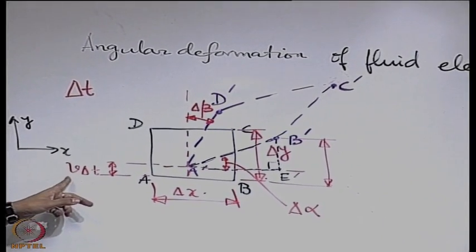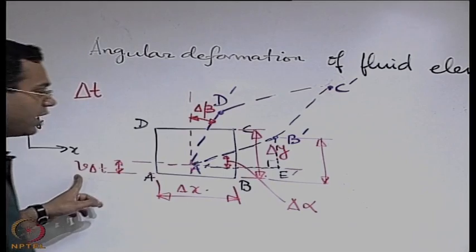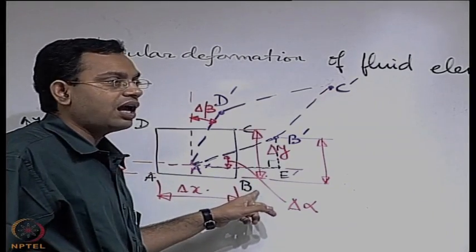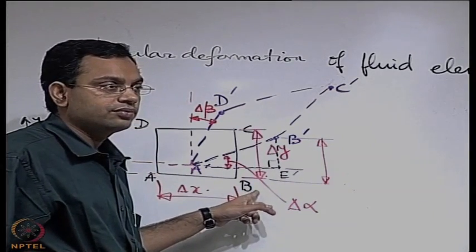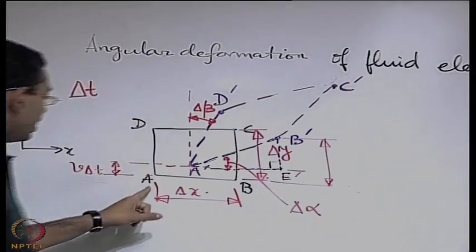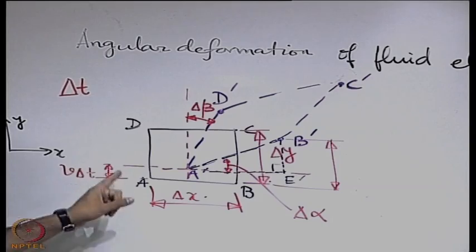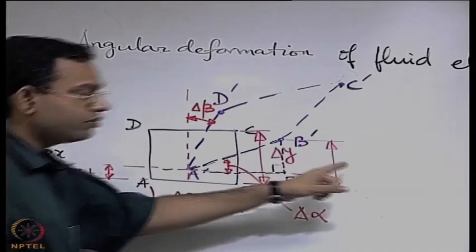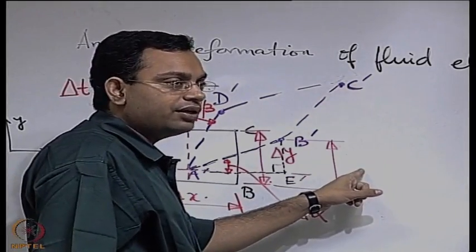So, if this is V, we have to find out what is V at B. V at A is V, what is V at B? That V we have to write here. So, what is that V?